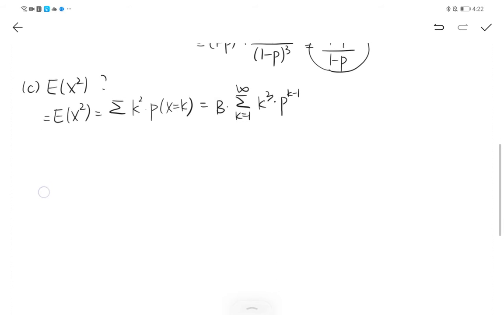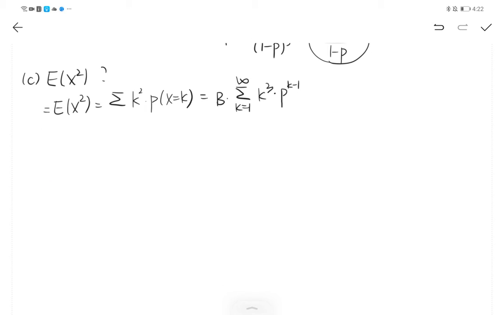And from problem B, we know that the sum of k to the power 2 multiply p to the power k minus 1 equals (1 plus p) over (1 minus p) to the power 3.